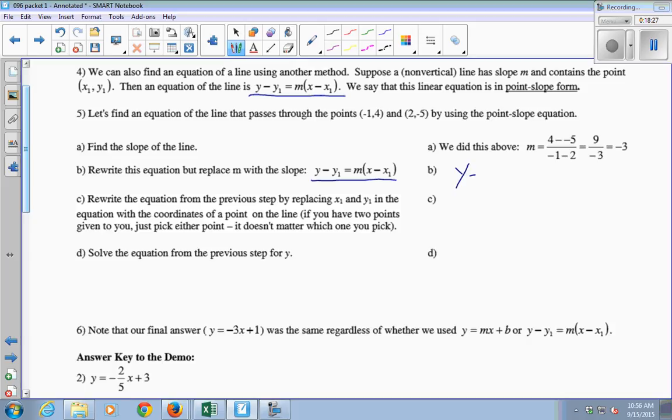So I'm just going to copy everything exactly as it is, but replace the m with a -3. And then I'm going to rewrite the equation from the previous step, but replace x1 and y1 in the equation with the coordinates of a point on the line. Okay, if you had 2 points given to you, you just pick one. Doesn't matter which one. Okay, so which one do you want to pick?